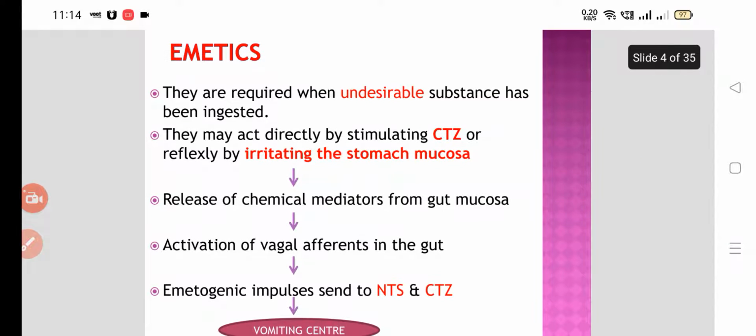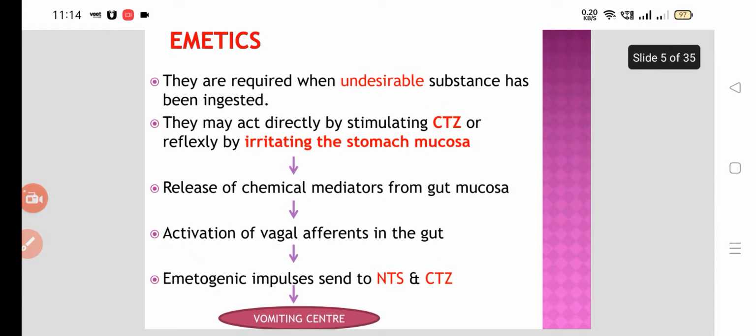Now, how does an emetic act to induce vomiting? They are required when an undesirable substance has been ingested unknowingly, and then we have to expel it.